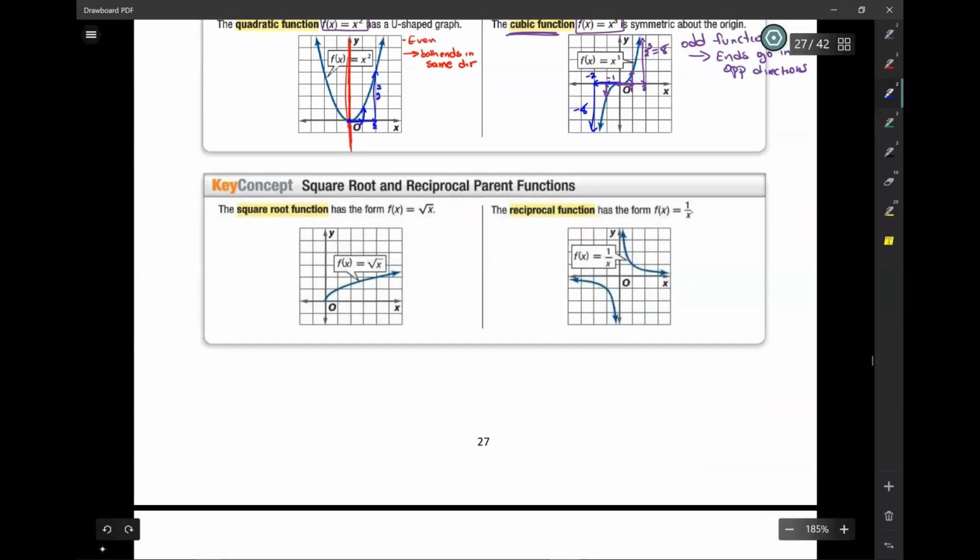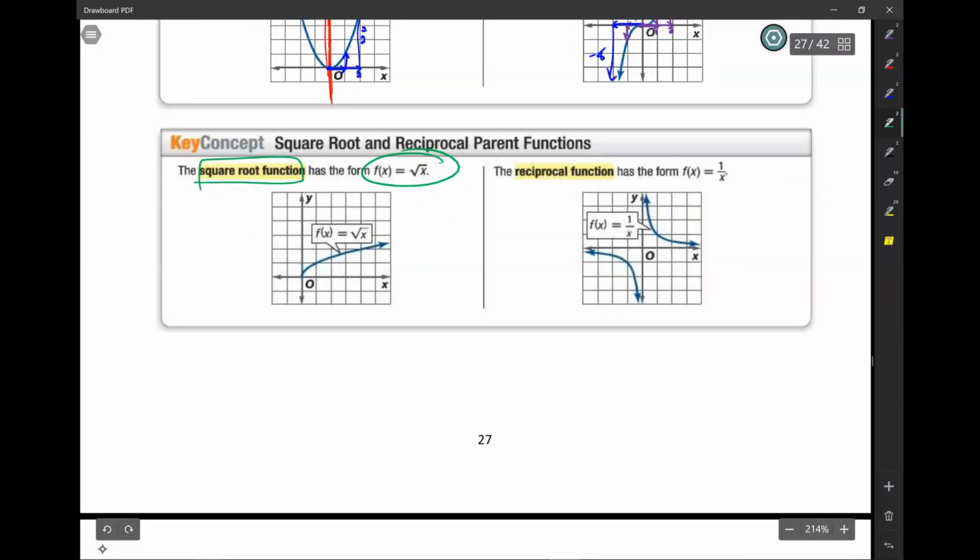Moving right along, another one of my favorites is the square root function. f of x equals root x. Okay, some observations here. Whenever you see a square root, the alarm should go off, right? So what alarm will sound? What can't be a negative? The radicand, right?